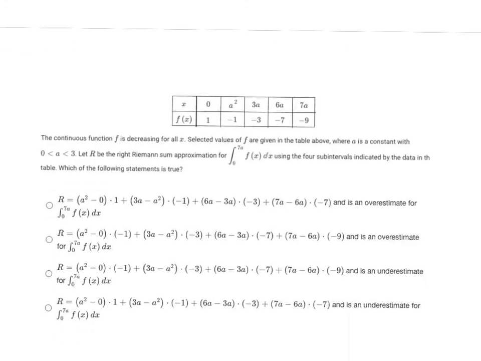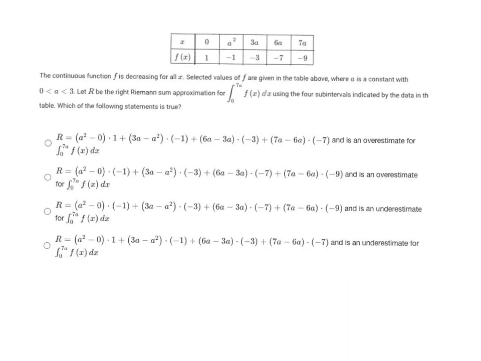Here we go. So we had one really similar to this in our homework a couple days ago. And when we're asked to identify what the Riemann sum would look like, we think about 2 things. One is the width of the subinterval, the width of each rectangle.